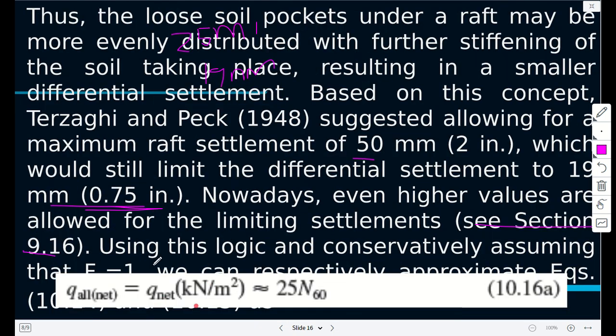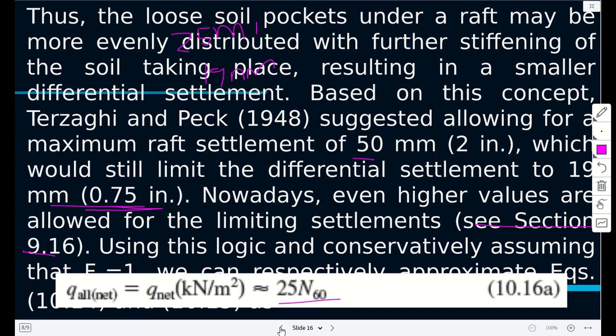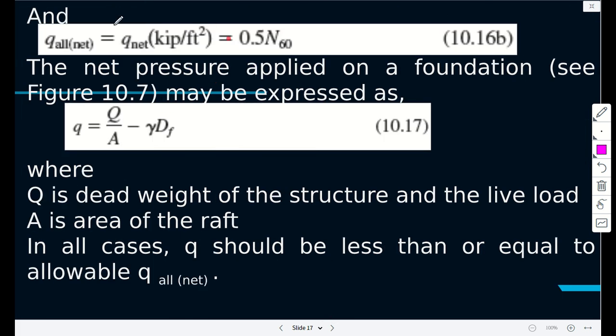We can calculate based on N60. When you use English units, it is the same idea. This is when you use kilonewton per meter squared, SI units. Now when you use these other units, they call them the English units.